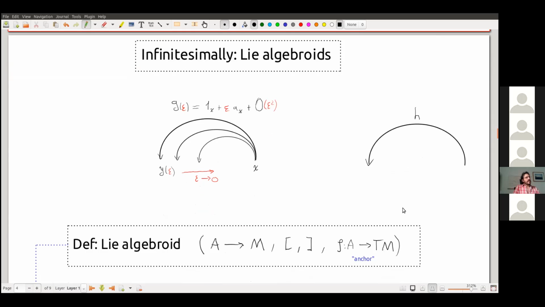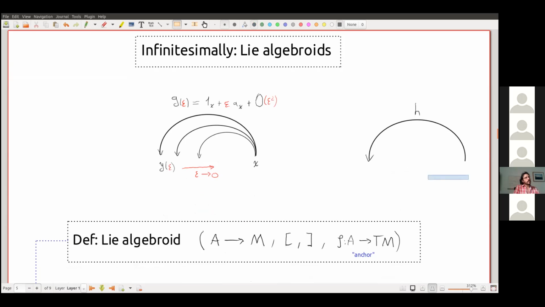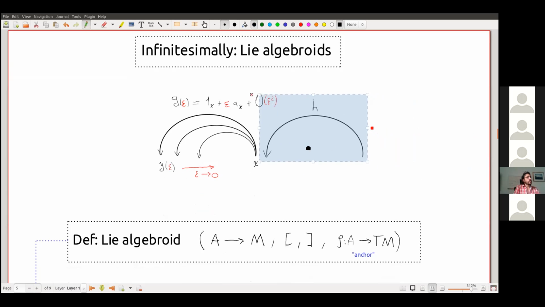Then there is this idea that the derivative can be seen as a tangent vector at the identity. But because the source was fixed, you can also compose on the right with some h, and you can get a tangent vector at any other element h, and this defines right invariant vector fields, just as in the ordinary case. So you have a bracket induced from right invariant vector fields.